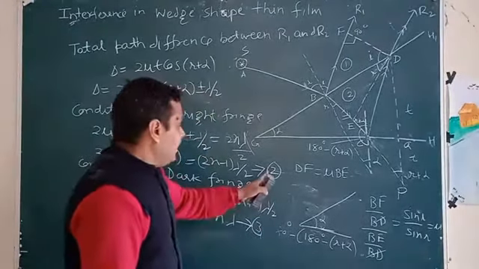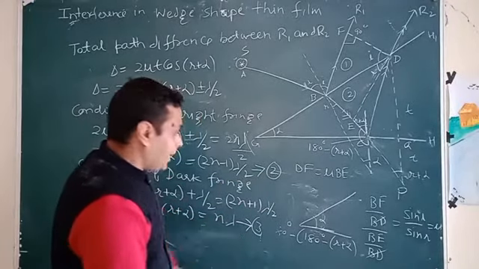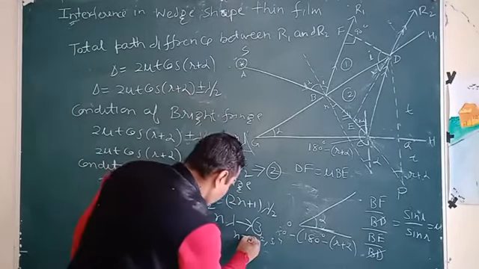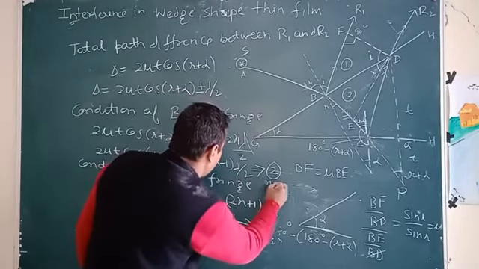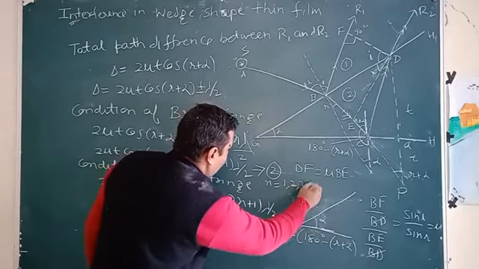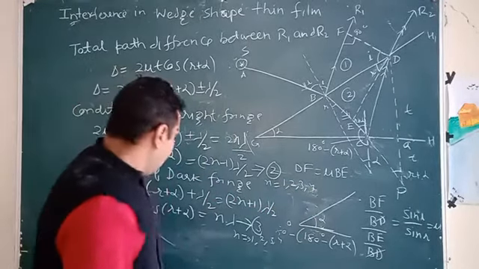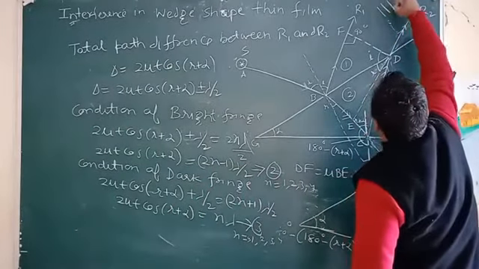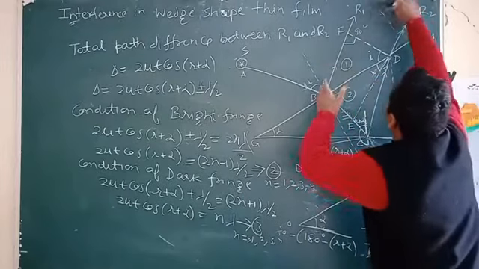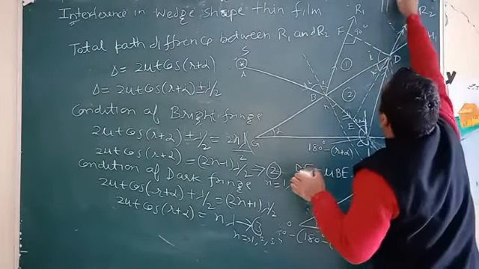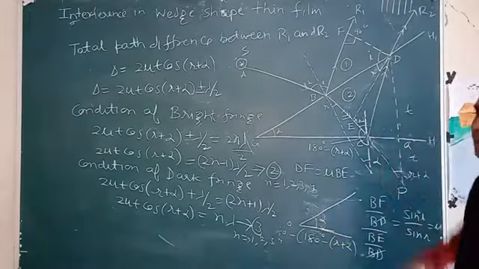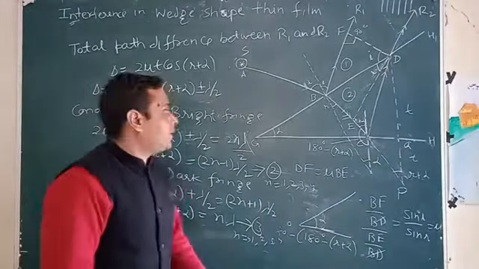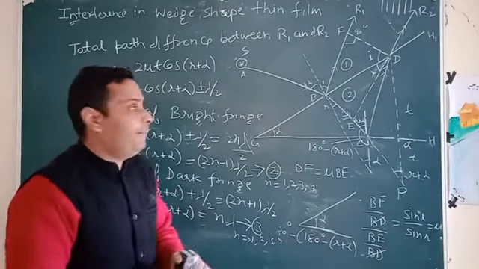Bright means constructive interference and dark means destructive. Here n is 0, 1, 2, 3, 4 and here n is 1, 2, 3, 4. Understand? So these are the conditions of bright and dark fringe obtained here. Now we are going to calculate the fringe width.